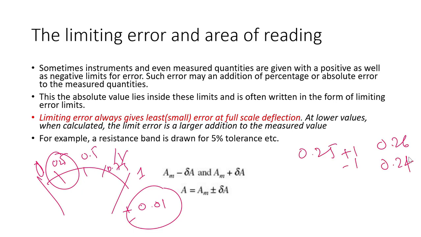Now 0.24 and 0.25 is having a bigger difference than that of if we say our reading is 1. So for 1 we can have 1.01 or 0.99.